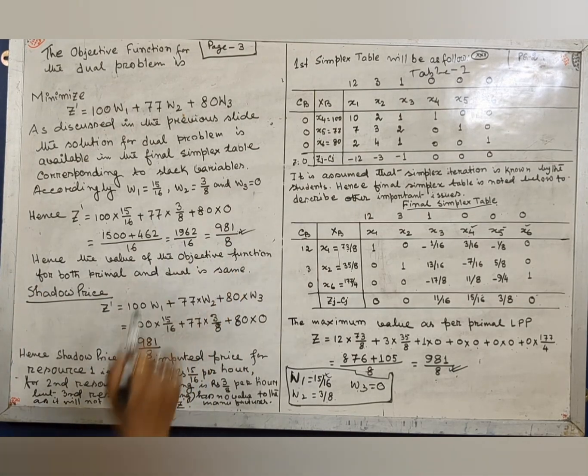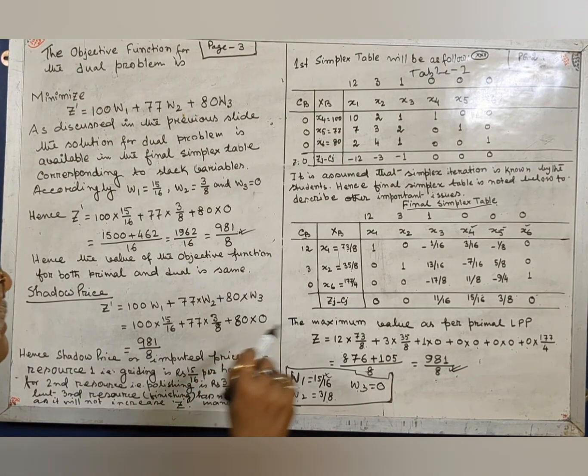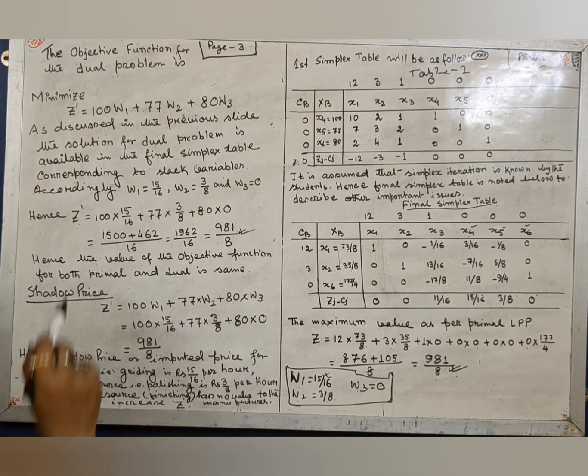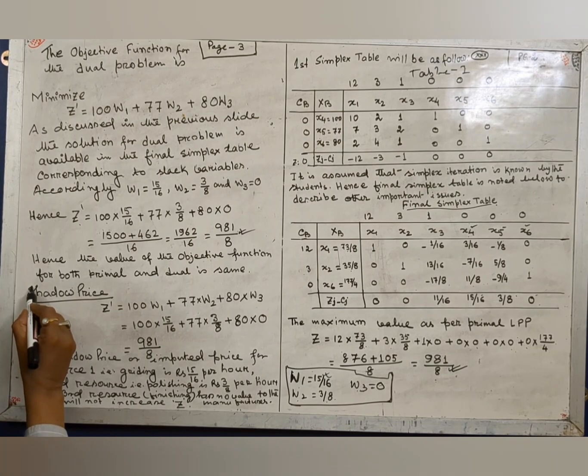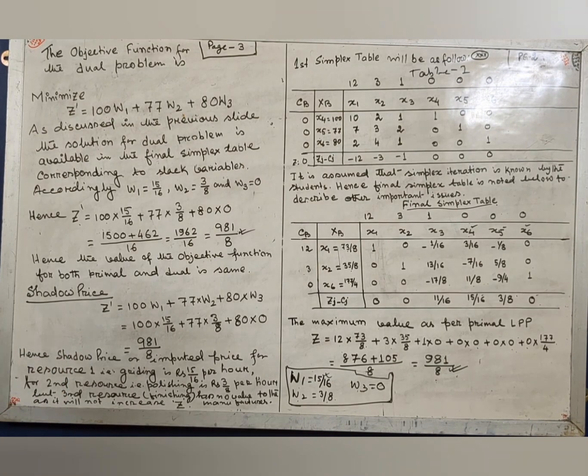That we have already checked also. And this is the process by which you can get the result of the dual variables and the objective function for the dual problem. Now, the last part, the shadow price concept.